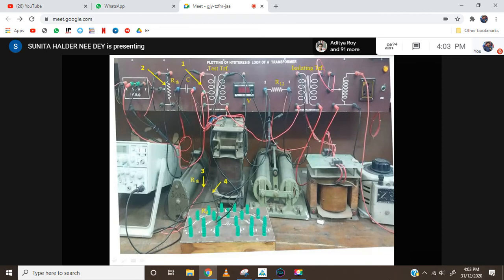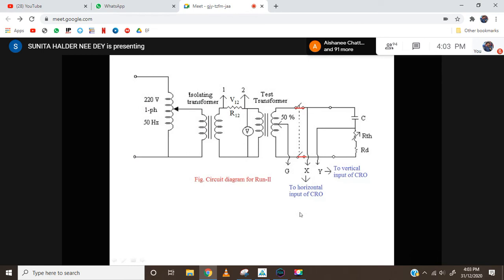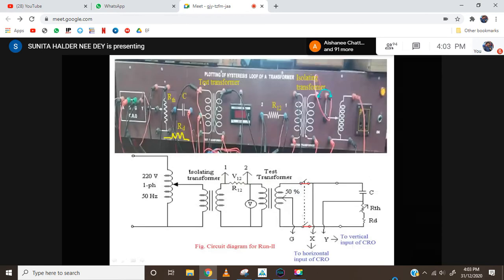Within this there are two resistors. If we explain the circuit, the primary is the same as before: from the variac to the isolating transformer to R1 to the trace transformer primary, then return. This completes the primary circuit. Now we have to do the secondary circuit. The secondary circuit is nothing but an RC circuit.